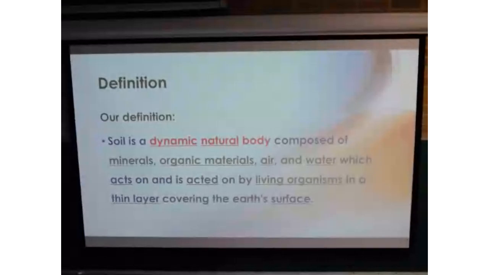Okay, first of all, the definition. Soil definition is really important. That is the first step to study soil fertility and soil science. So, its definition: soil is a dynamic natural body composed of minerals, organic material, air, and water, which acts on and is acted on by living organisms in a thin layer covering the Earth's surface.